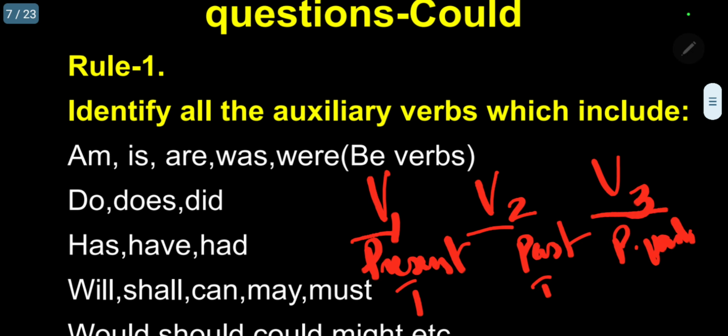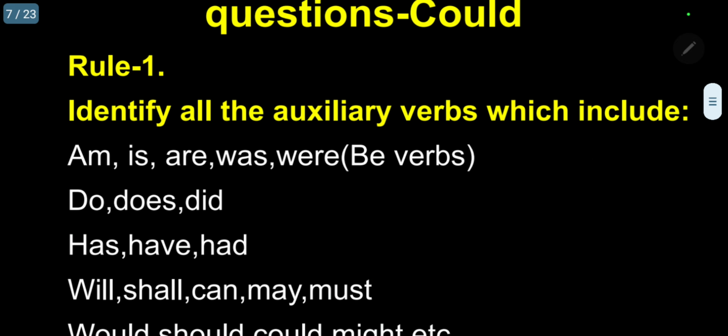Conventionally we use this in all English books. The non-finite verb means infinitive, gerund, and participle. Kindly follow the interesting information.